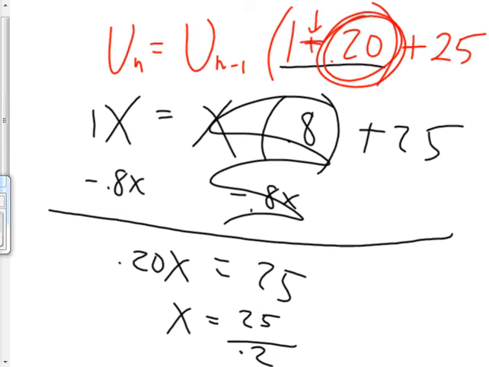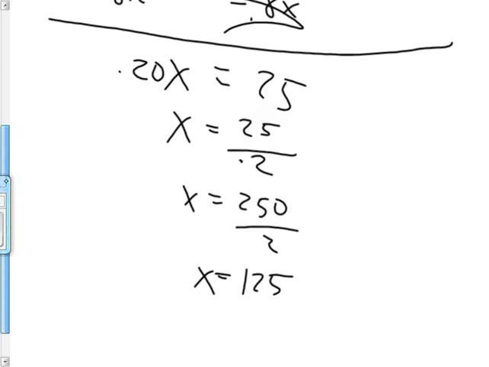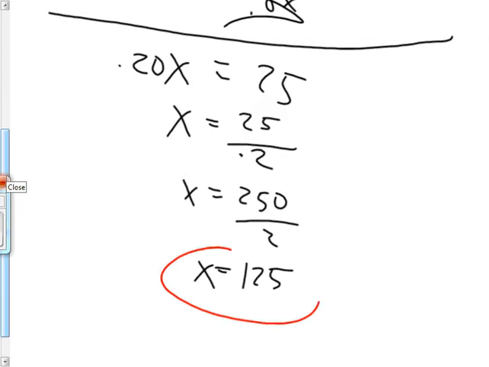In this case, we were spending our money, spending 20% of our money, and then adding 25 every time. We'd eventually end up with a bank balance of 125 bucks. Or maybe if this is in thousands, it's 125,000 bank balance.